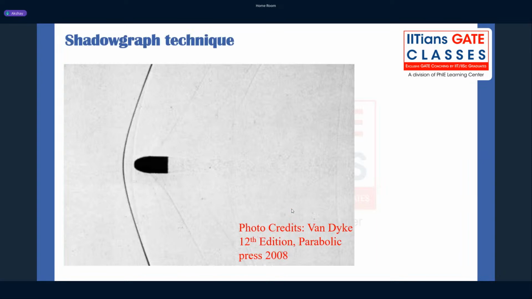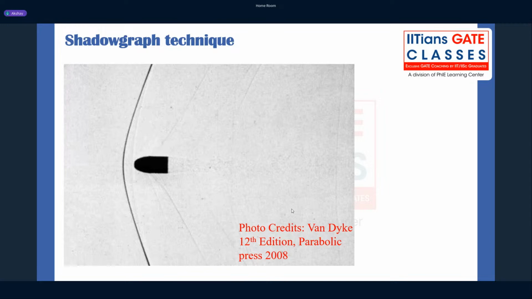Okay, so now I am going into the individual techniques and their optical setup, how it looks. We understood these three different techniques, right? So now there is an image in front of you, which is a bullet traveling in a medium, say. In front of that, you are able to see a bow shock which is forming. Can you see in which direction the density is changing?